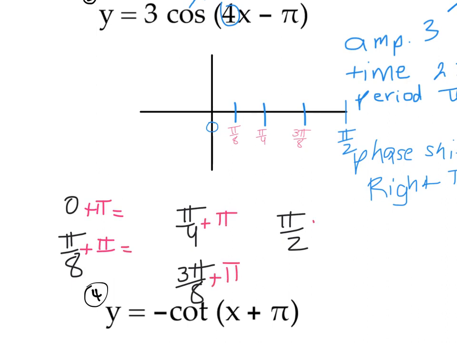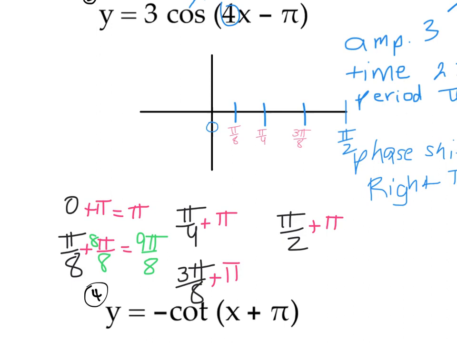Add pi, add pi. So when I say 0 plus pi, what is that? Pi. If I change this to eighths, I have 1 pi plus 8 pi, is 1 plus 8. 9 pi over 8, good.